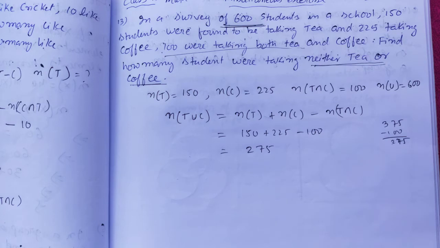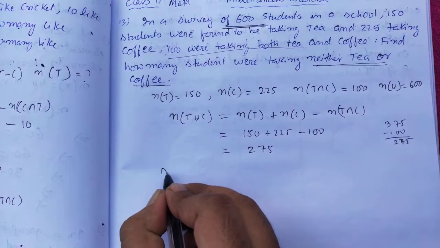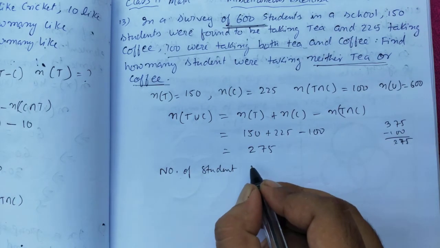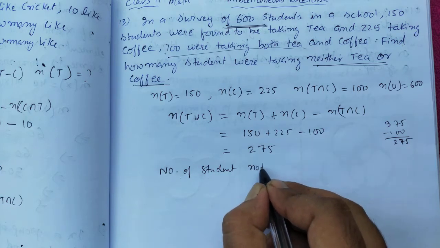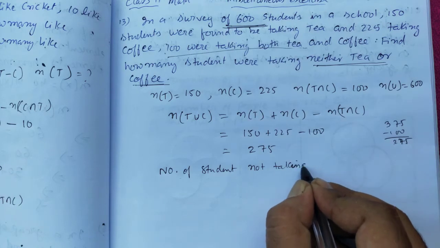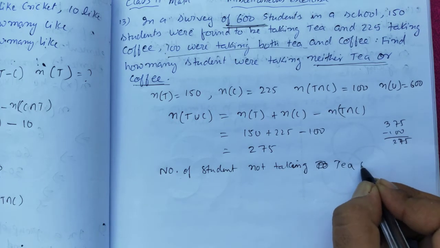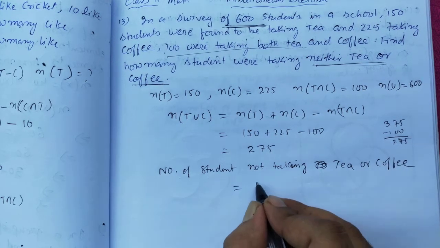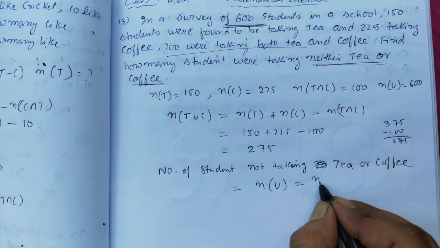Now your question is the number of students who are not drinking anything. So the number of students not taking tea or coffee: from the universal set, from the total students, you have to subtract this.